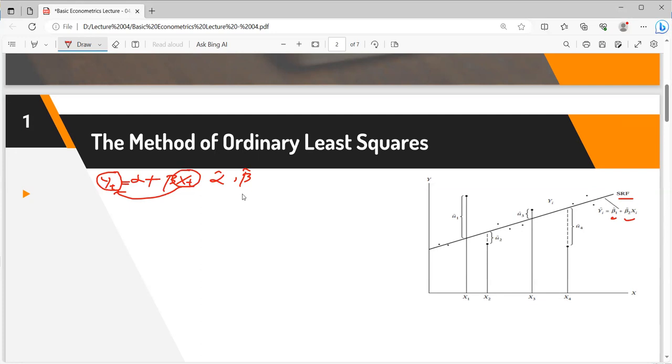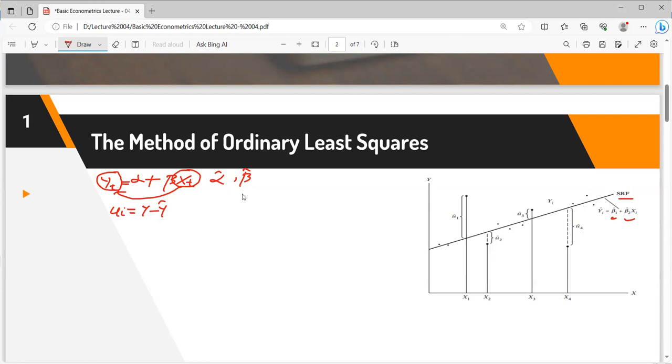If you look at mu1, mu2, mu3, and mu4, these are residuals. So the error term mu i is the difference between y and y hat, that's the difference between actual and estimated value.